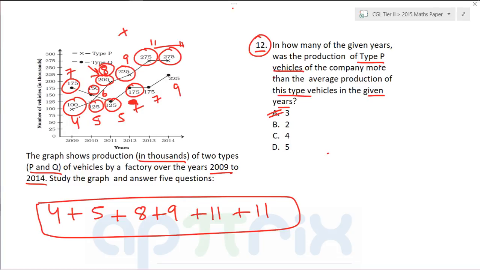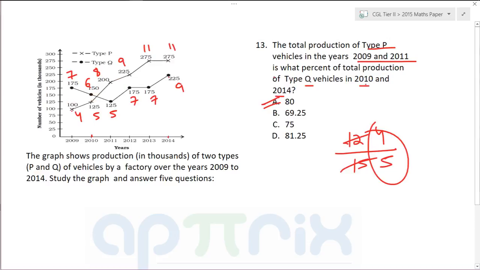We just figured out that this is the common factor, and I am going to remove it from everywhere. Whenever they ask absolute values, I will put it back and multiply by 25. Whatever 3 questions were there, they did not require any absolute value, so I did not multiply by 25. But others will be doing the same calculation in every paper.